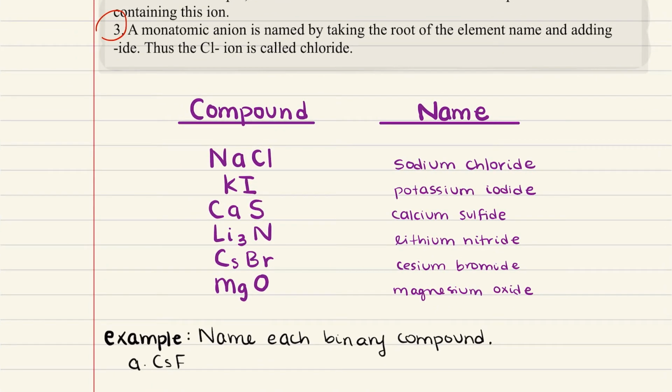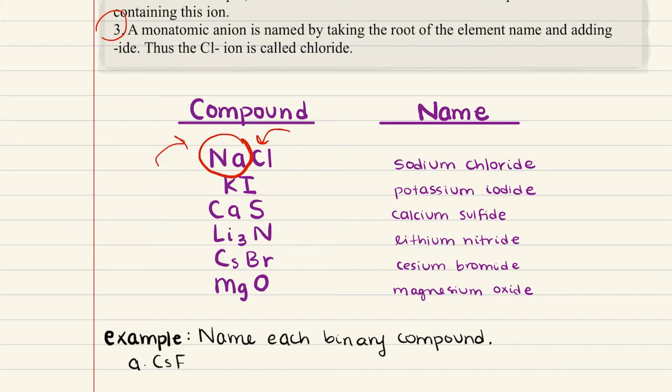This first compound, NaCl, our first atom is our cation, sodium. We keep its name as is. Then we have here Cl. This is chlorine. It's the anion. It's named second. And what we do is we take the root of the element name and then we add -ide. And so this is called chloride. And the name of this compound is sodium chloride.